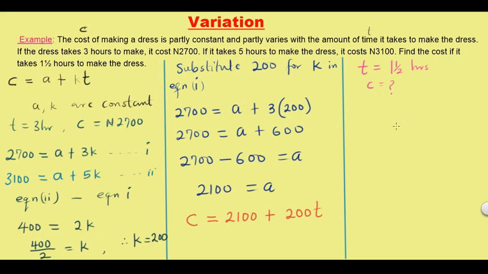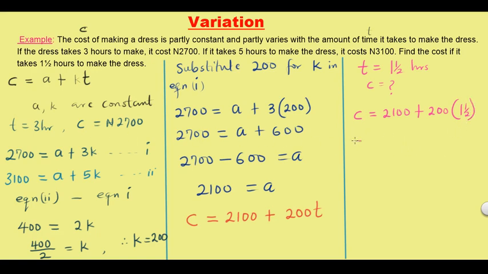We don't know the cost. So using this relationship, we will just say the cost equals 2,100 plus 200 multiplied by 1 whole number 1 over 2.